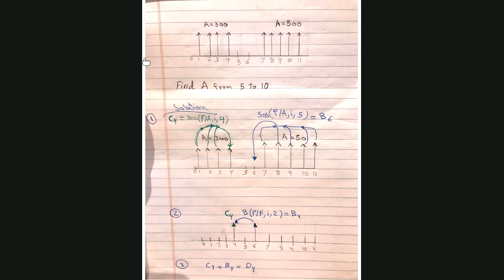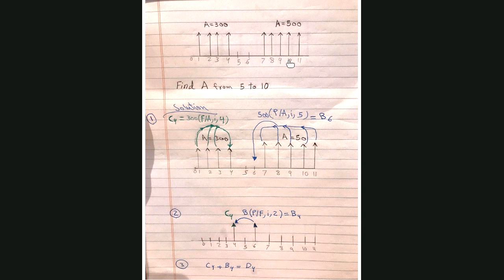Okay, so let's go back to the example here. Now, what is your suggestion for solving this problem? You have to convert the given information here, the year 1 to year 4 and year 7 to 11, both of them, to annual format from 5 to 10.